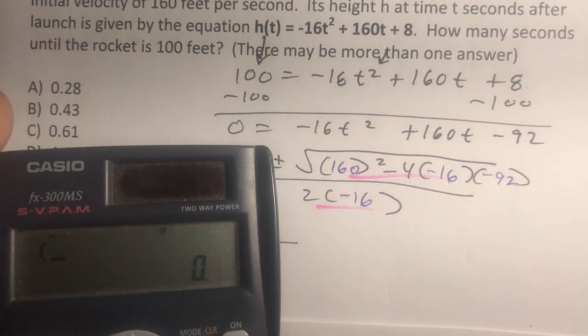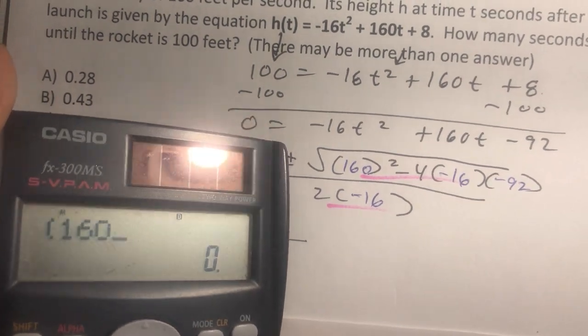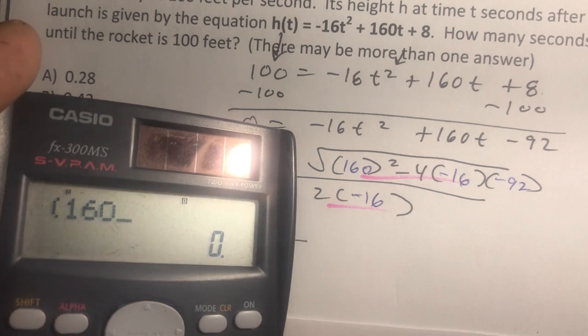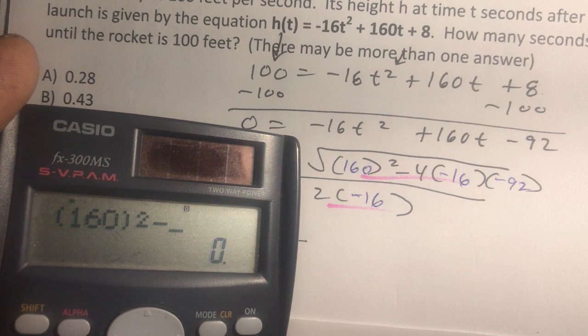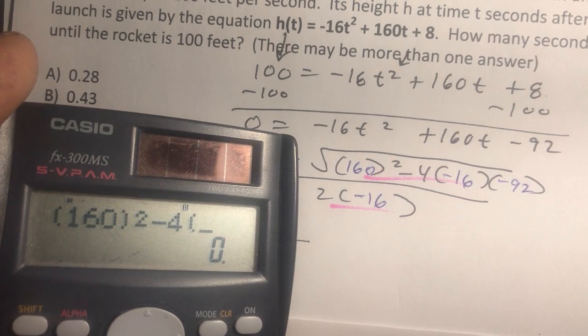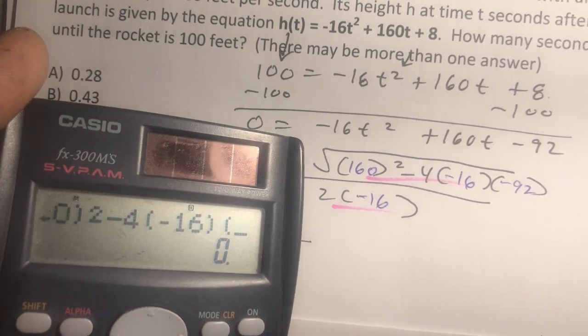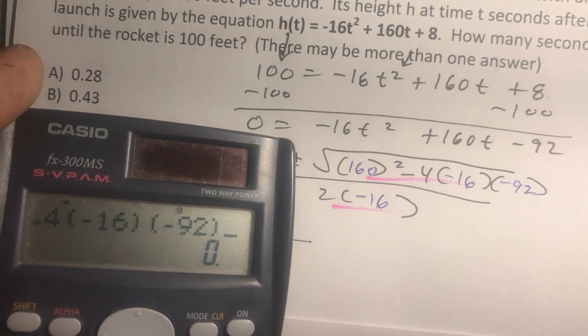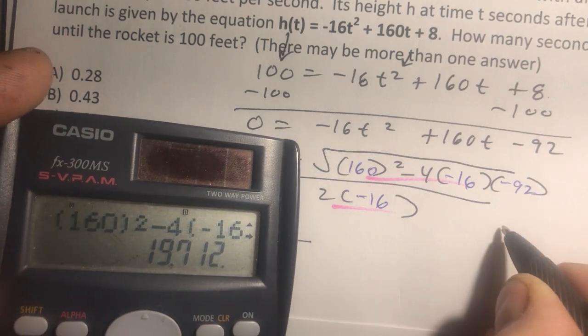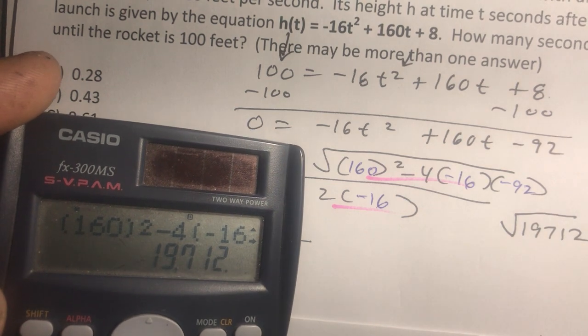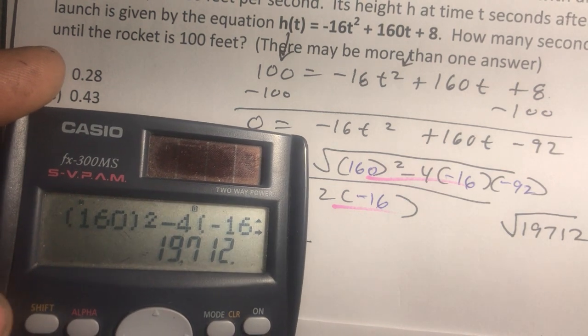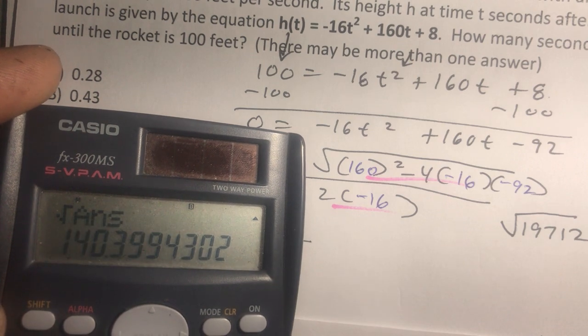So I've got in parentheses 160 squared minus 4, and then in parentheses negative 16, and then in parentheses negative 92. And I get this right here. I'll write it to the side: the square root of 19712. And so I take the square root of that answer, and I get this.